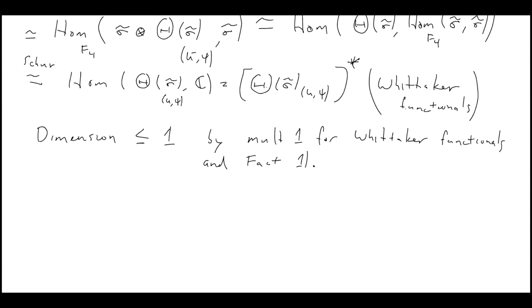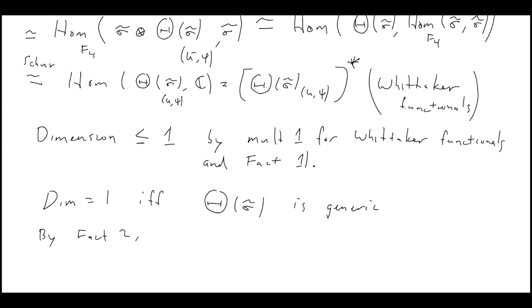So now the dimension is equal to 1 if and only if the big theta lift of sigma tilde is generic. And then finally, by fact 2, this sigma is self-dual.